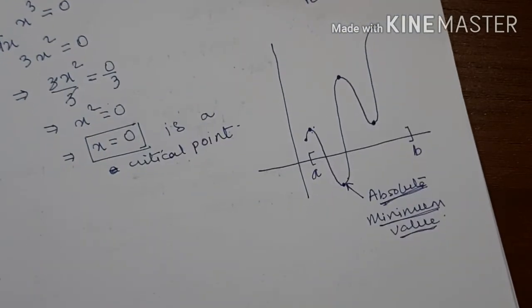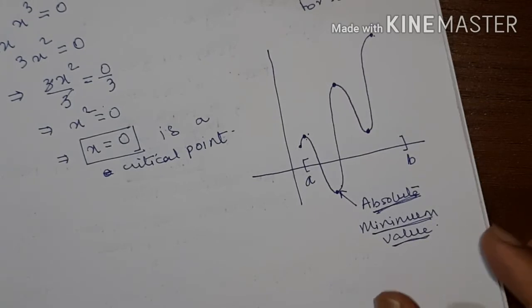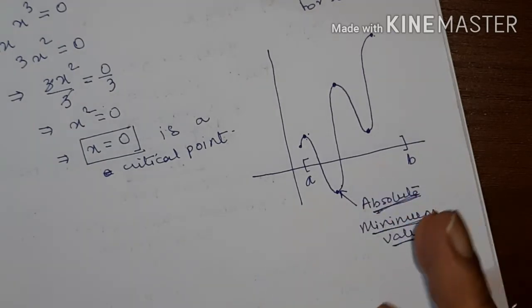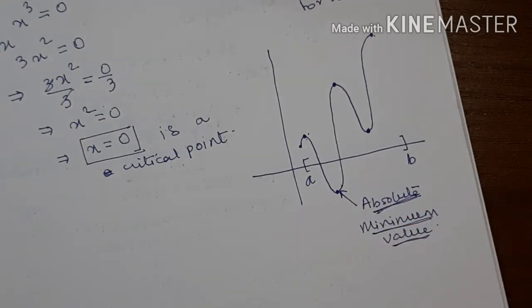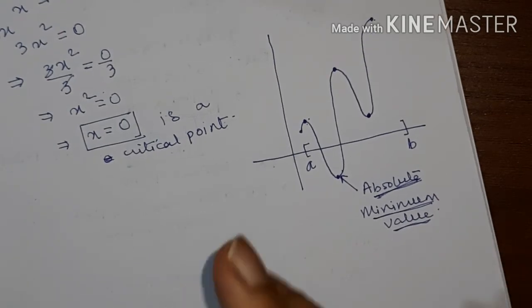Now what we have to do? See, now we don't have to find double derivatives of the function. Why? Because you have to only find the critical points and then find the value of the function at the critical point. We don't want to show local maxima, local minima.